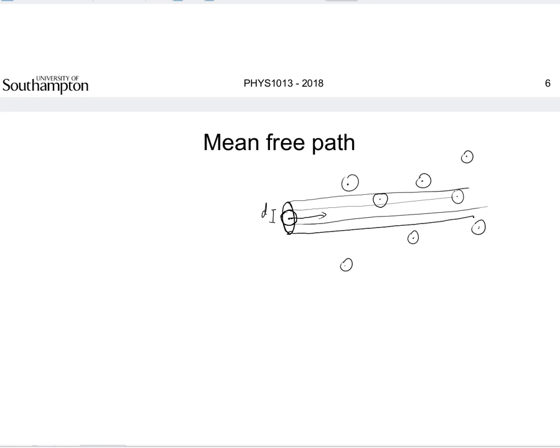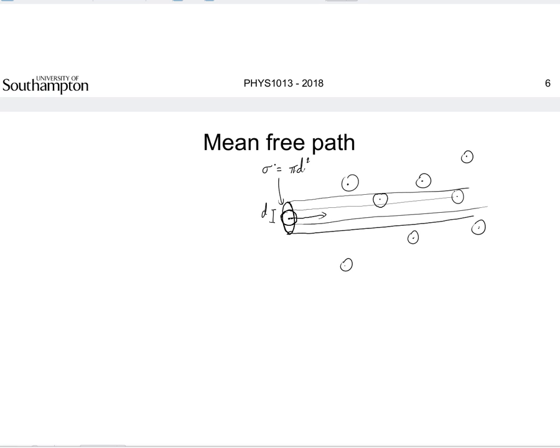So the area here is pi times d squared, and not pi times r squared. It's the diameter that becomes the radius of the cylinder. This is often written as sigma, and it's called the cross section.